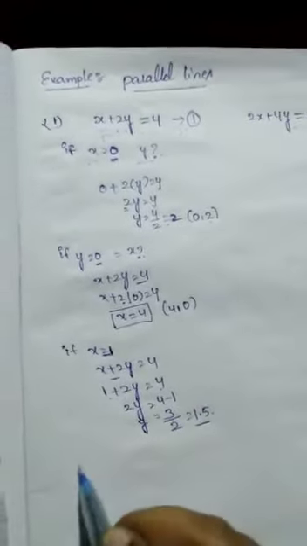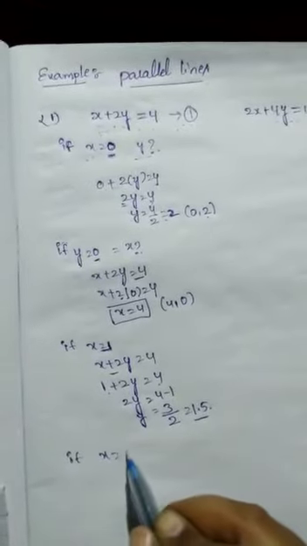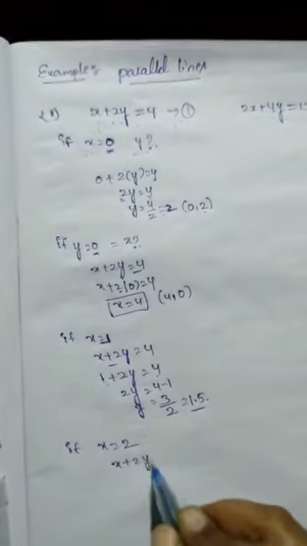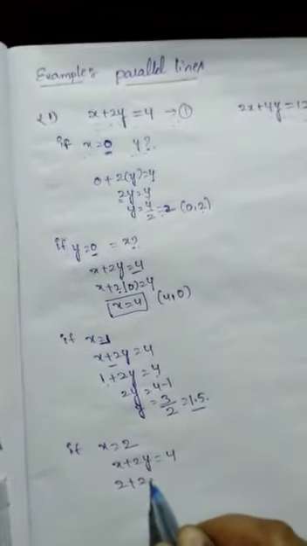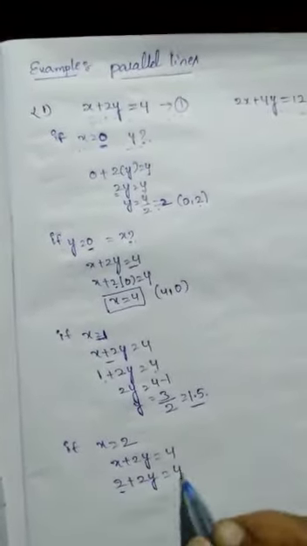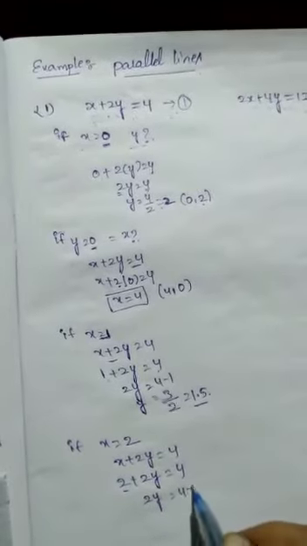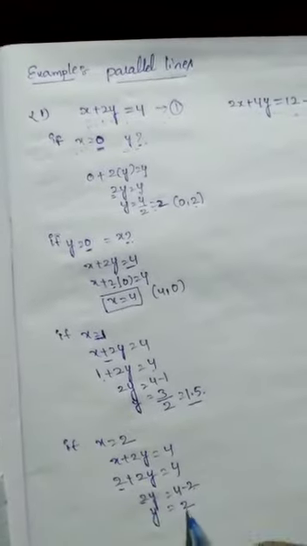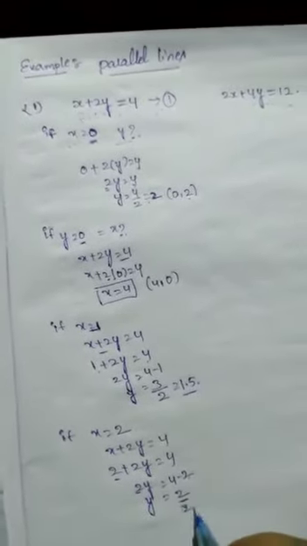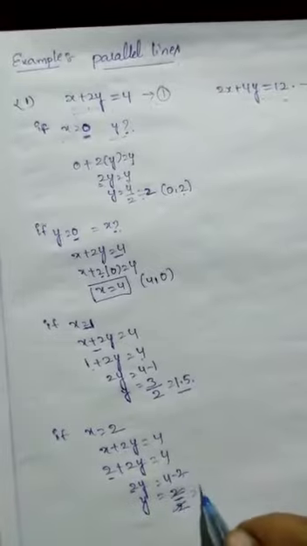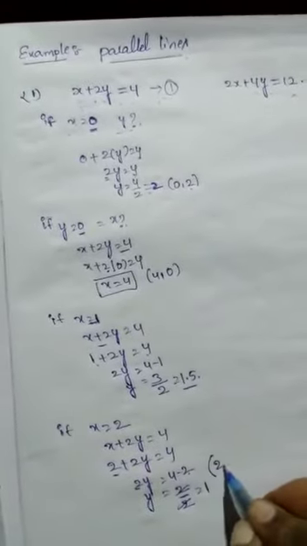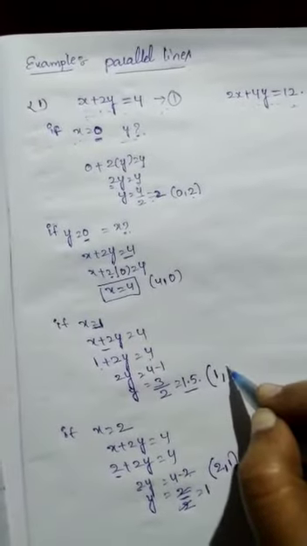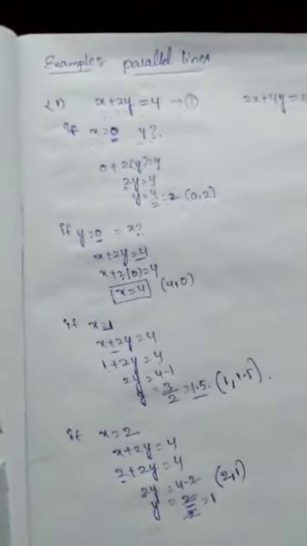Next, if x equal to 2, x plus 2y equal to 4, 2 plus 2y equal to 4, 2y equal to 4 minus 2, 2, y equal to 2 by 2, which is equal to 1. Here the point is (2, 1). And the other point is (1, 1.5).